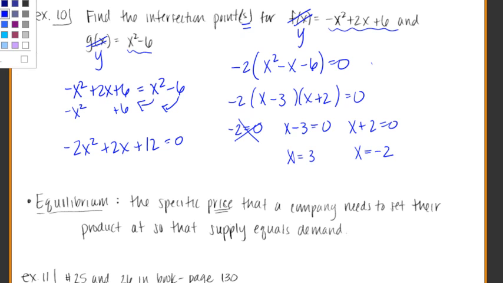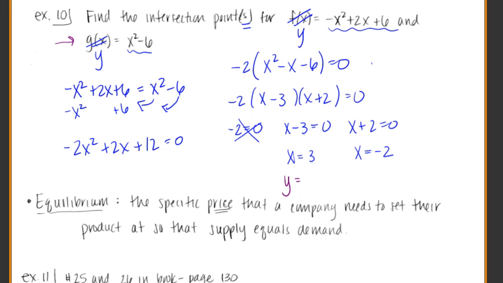Alright, well we just found part of the coordinates, but now we have to go back and find the y values that go with these coordinates. So I would say let's go to the g of x equation, this one right here. That one was simple, but it just says take any x value and square it and then minus 6. You're going to get the same y value either way. I'm just going to go with the simpler equation.